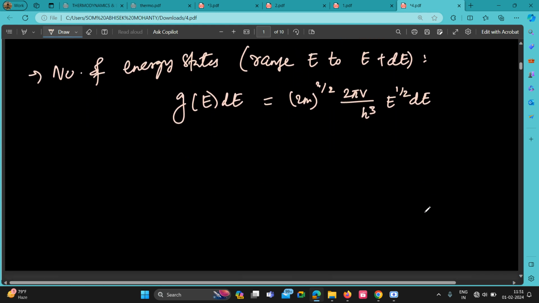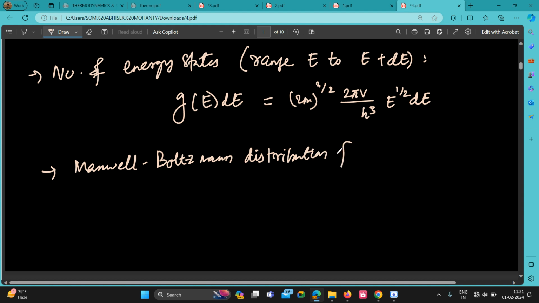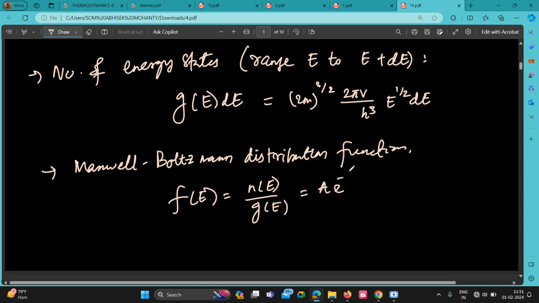Now, next is the Maxwell-Boltzmann distribution function. The Maxwell-Boltzmann distribution function f(E) is equal to N(E) by G(E), which can be written as A e to the power minus beta E. Okay, where N(E) is your what?